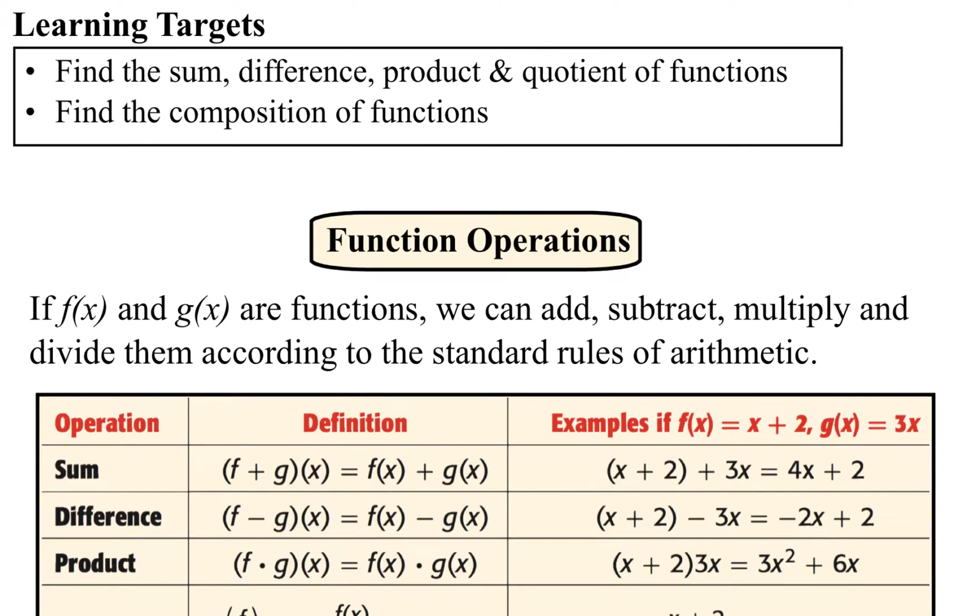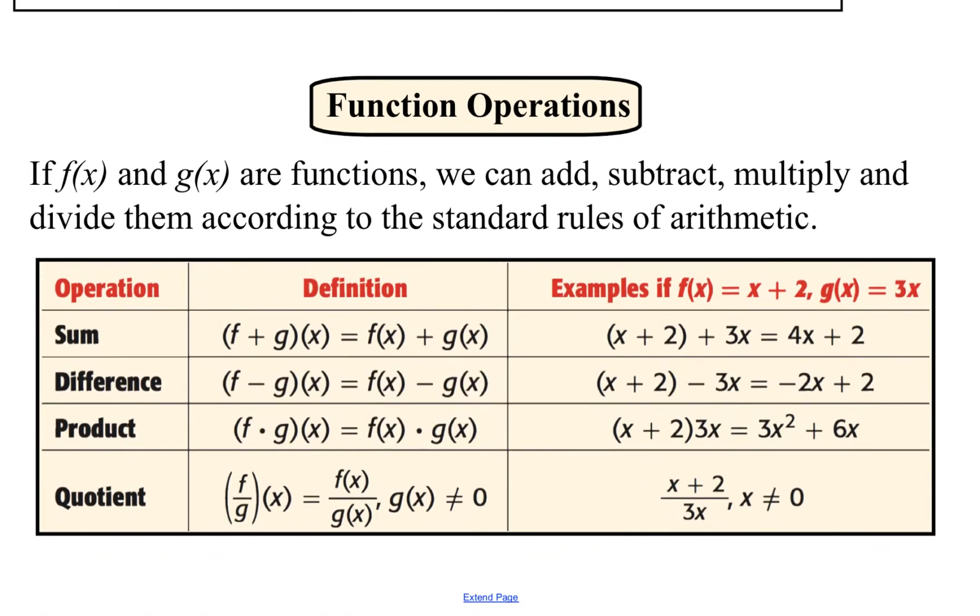So let's start off just by giving some definitions here. Function operations. If we have two functions, say f and g, we can add those two functions, we can subtract them, we can multiply or divide them using our standard rules of arithmetic. I've given you some formal definitions here and also some examples given two functions f and g.